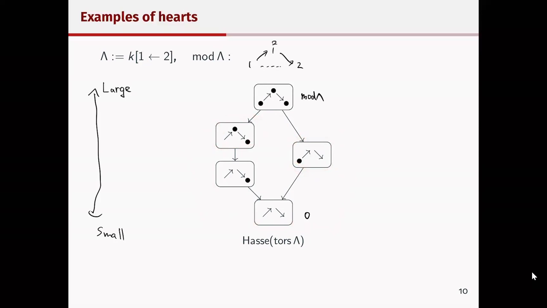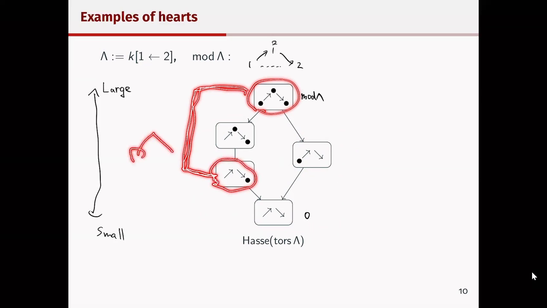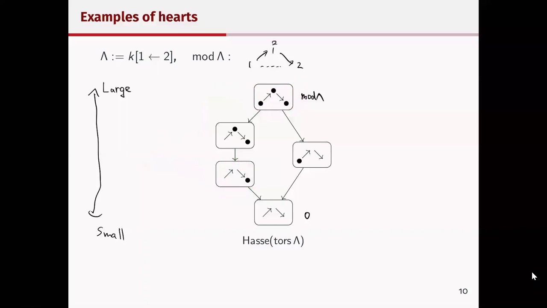Similarly, if we consider an interval like this, then we obtain the torsion-free class corresponding to this. And maybe in this case, we get this. This is the heart of this interval. And for example, if we consider this, then the heart of this is this. This is a wide subcategory, but not a torsion class. So this is just an example.